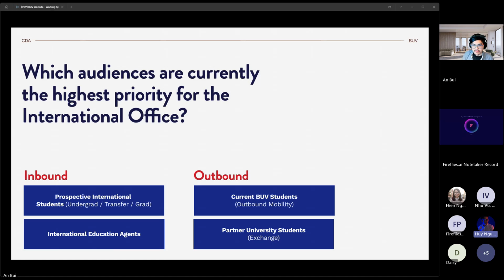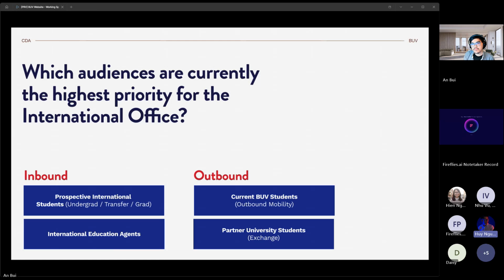So BUV was not really thinking about bringing full degree international students at that time. Now we've started doing this quite seriously in the last 2 years, but we already had this international section of our website and the international email address. So all of that belongs to the international office, but actually the focus is really just on mobility and the transfer out of students. So we do need to think about it really carefully.